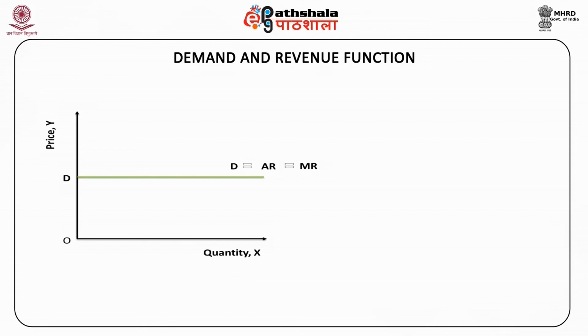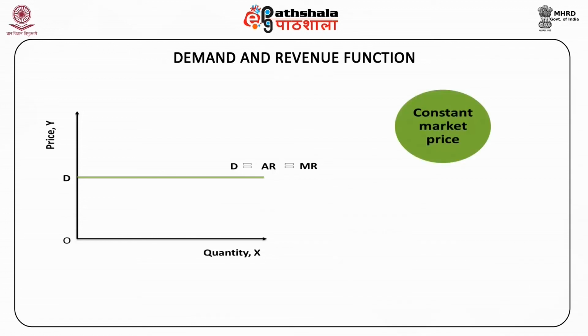In the figure, the price is shown on the y-axis and the quantity demanded is shown on the x-axis. The horizontal line DD exhibits the firm's demand curve due to the fact that the firm can sell any quantity at the prevailing market price.